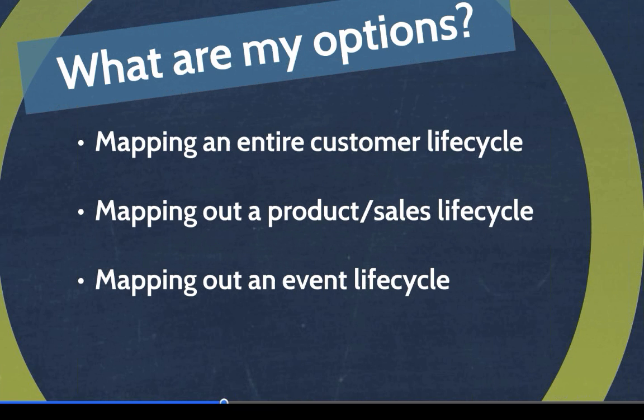So there are many different ways you can map out an experience, and many different opportunities to do it. But the important thing when you start a customer journey map is to really know what you're measuring, so you have a beginning and an end. Okay, that makes sense.